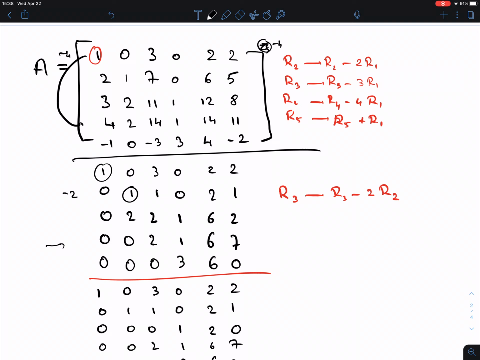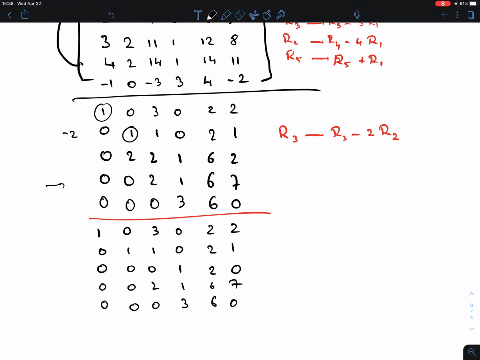No, that's 2, right? No, sorry. I have to look at this. I want to see here. Give me a sec here. Because something doesn't seem right.